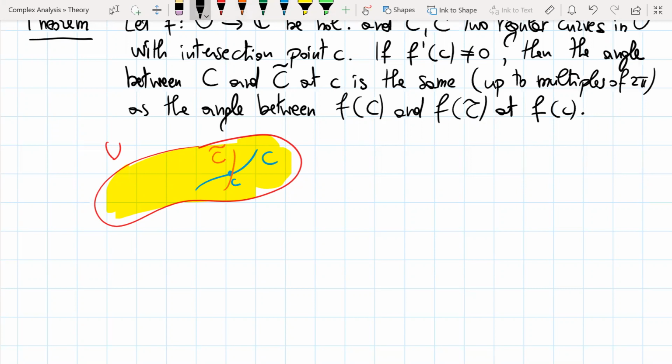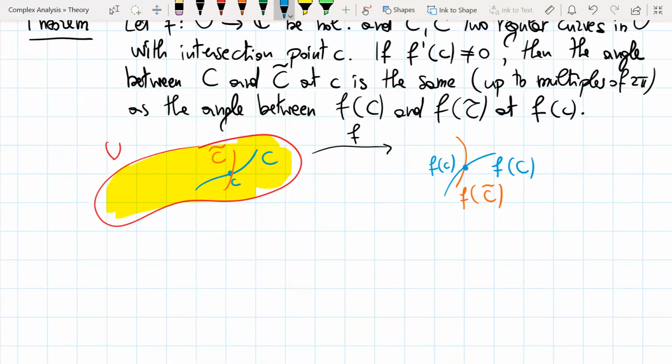And now we are considering the image under f of these two curves. This will be the curve f of C here, and the curve f of C tilde, and they meet at this common point f of c.